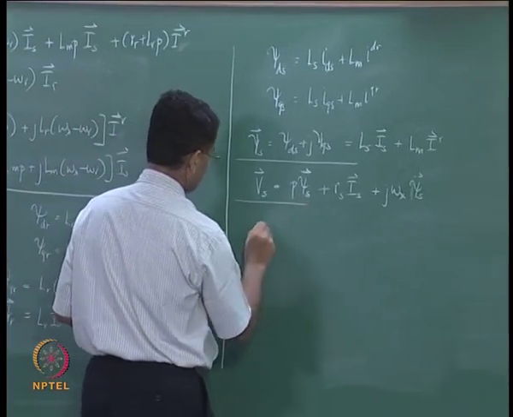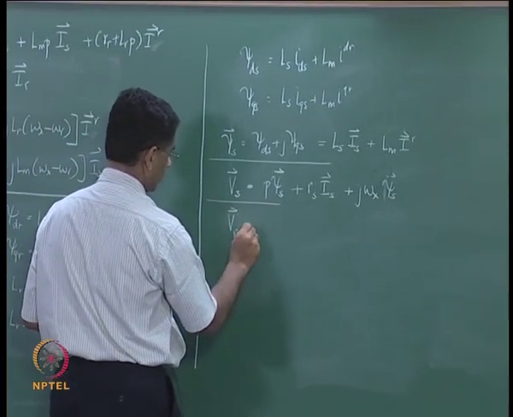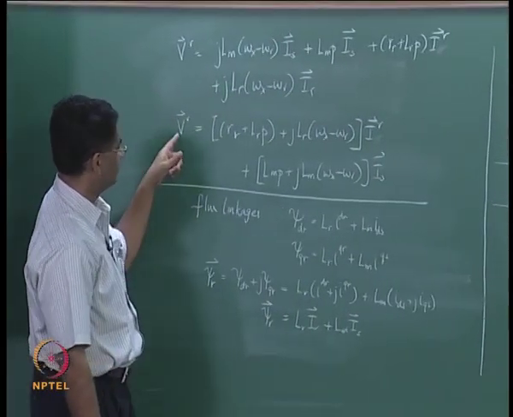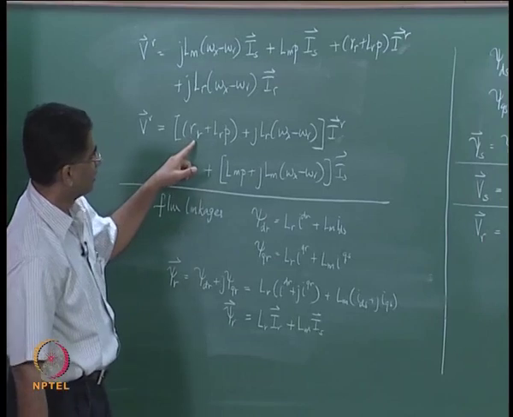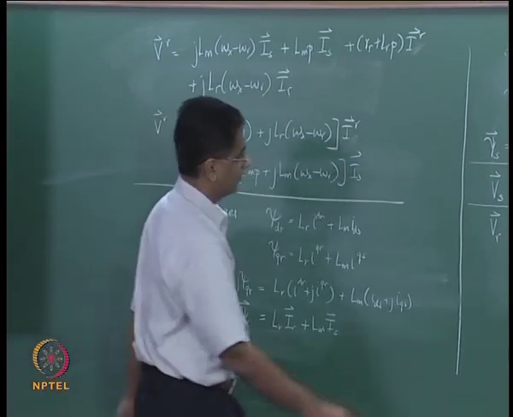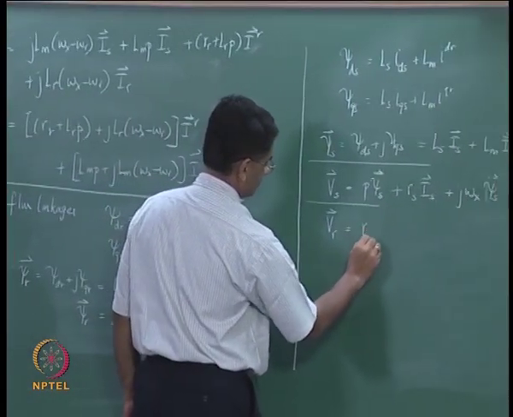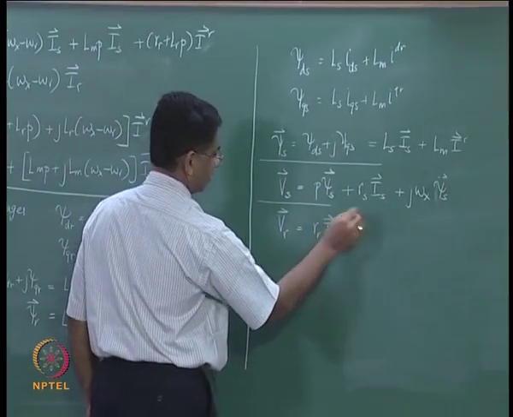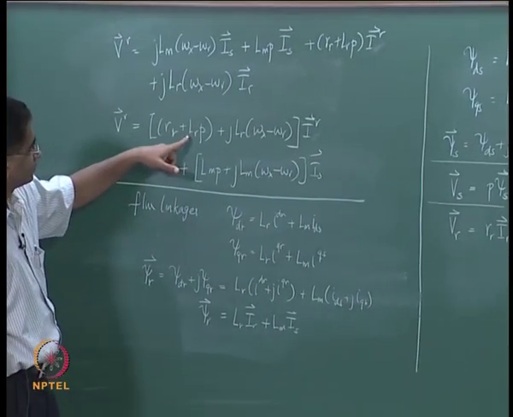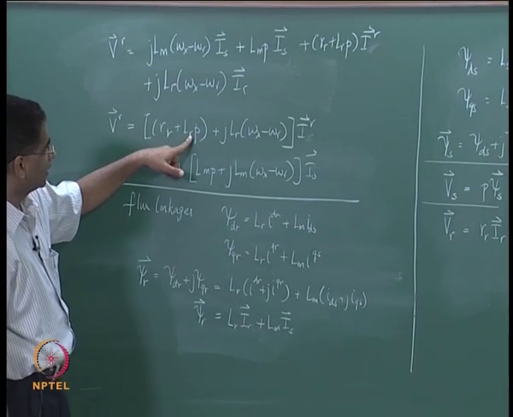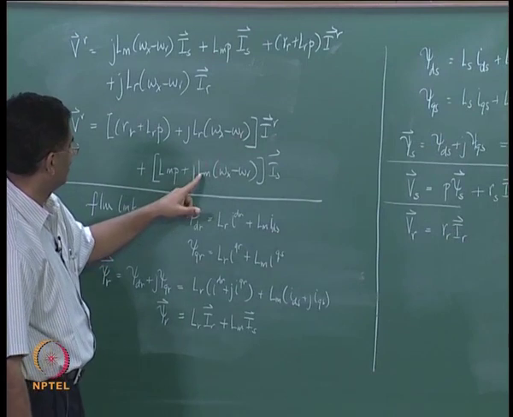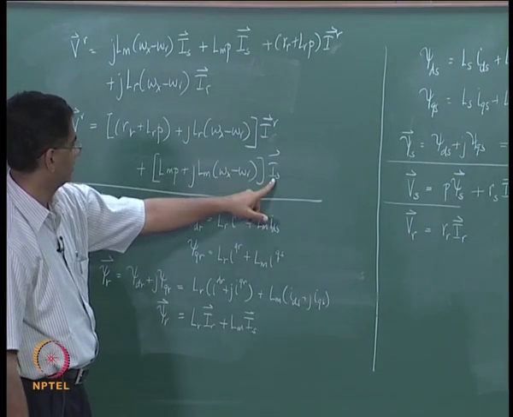Similarly, let us look at the second expression, the space phasor of the rotor voltage Vr. You now have similarly Rr into the space phasor of Ir, the term analogous to the previous expression, and then you have Lr P into IR and then Lm P into IS.